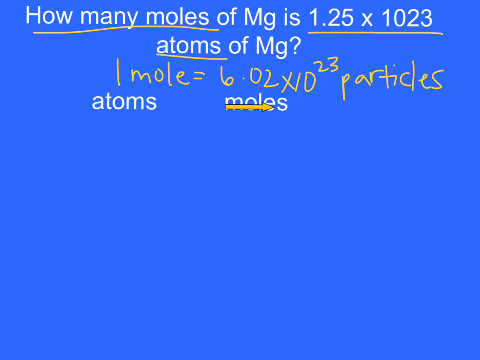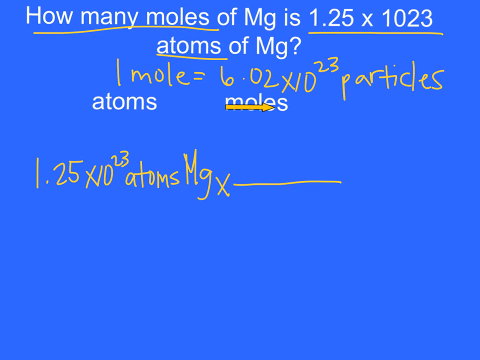That's how I know that we're going to be using Avogadro's number, all right? So always start off by writing the number that's in the problem. That's where we are starting. So 1.25 times 10 to the 23rd atoms magnesium, okay? Then I'm going to write a times sign, and I'm going to draw a line there.